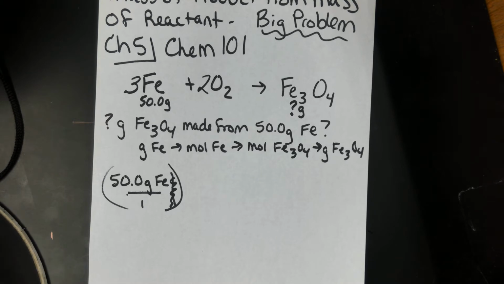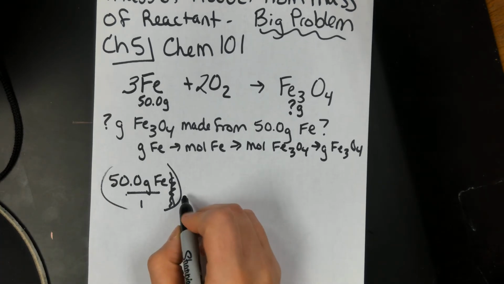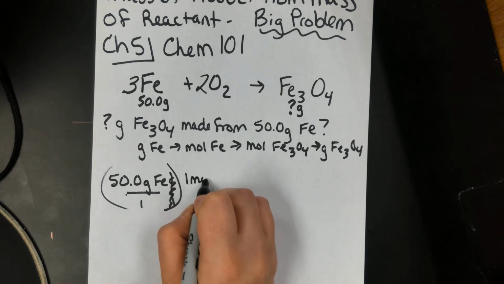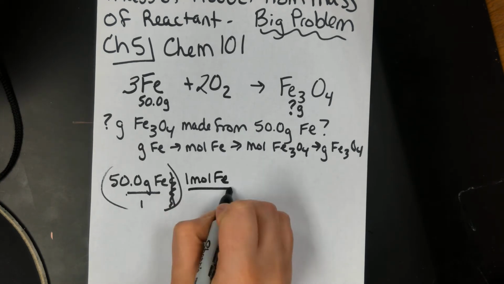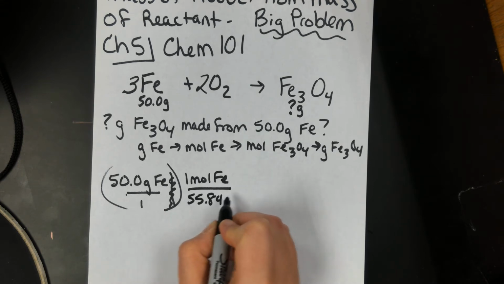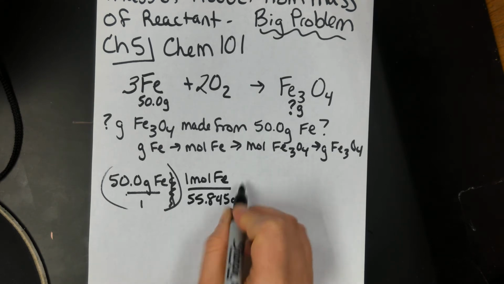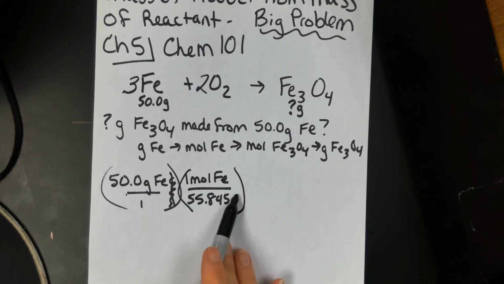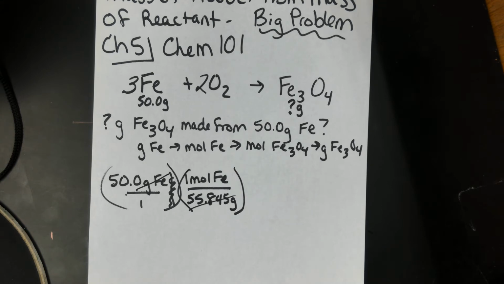I believe it's somewhere around 55.845. So I need to turn this into moles. Mole of Fe is my desired unit. 1 mole of Fe weighs 55.845 grams. Now my current unit is moles of Fe because grams of Fe are going to cancel out.